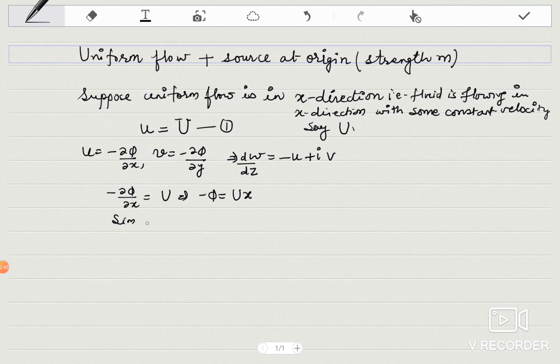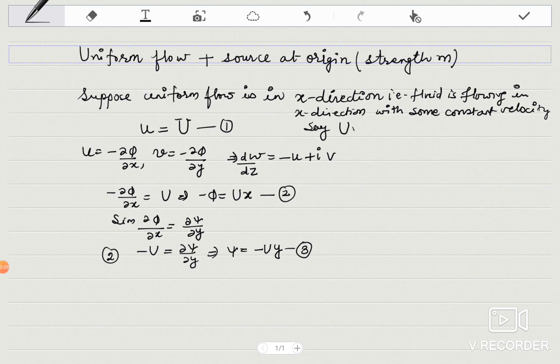Similarly we have a relation del phi by del x is equal to del psi by del y. So using 2, in place of del phi by del x I may put minus U is del psi by del y, implies psi is equal to minus Uy plus some constant of integration, and again that will be 0.